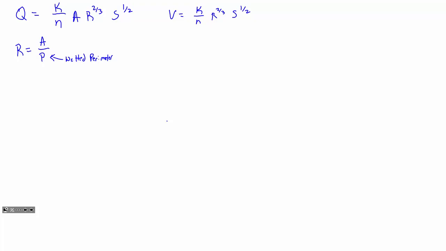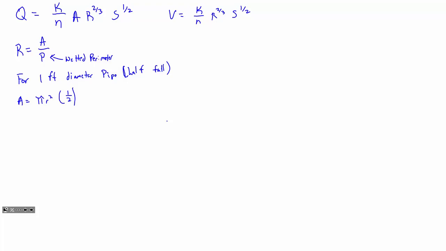So let's see here. For a 1-foot diameter pipe that's flowing half full, we see that the area is going to be equal to pi r squared times 1/2.